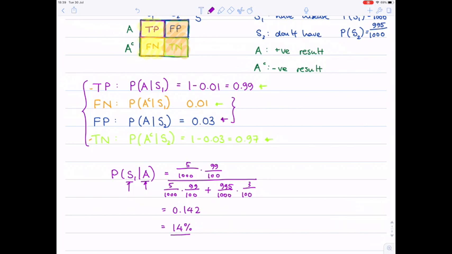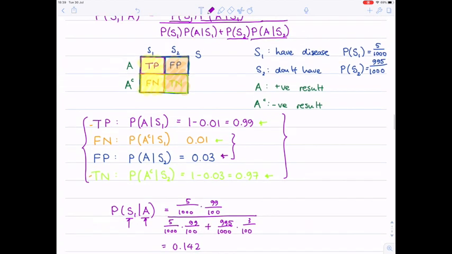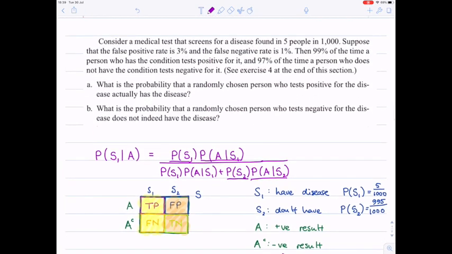So what's going on? If we have a look at our various true positive and false negative rates, it doesn't seem like that can be very likely. But the thing to think about is that there are only 5 people in 1,000 who actually have the disease.